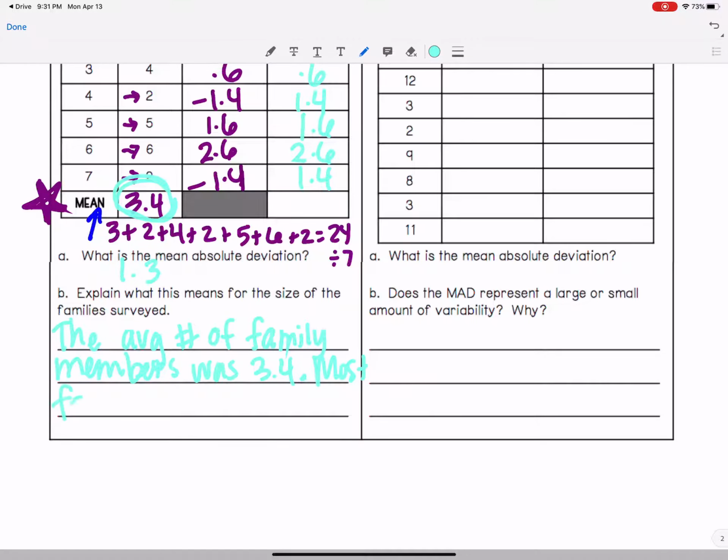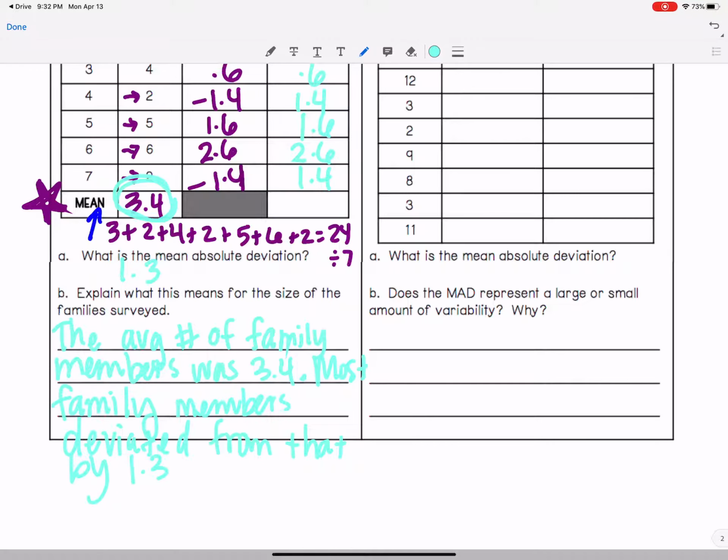So I'll just put most family members deviated from that by 1.3. Yeah, I think that's it. And yeah, okay, let's go ahead and move on to our next part of the question number 4.